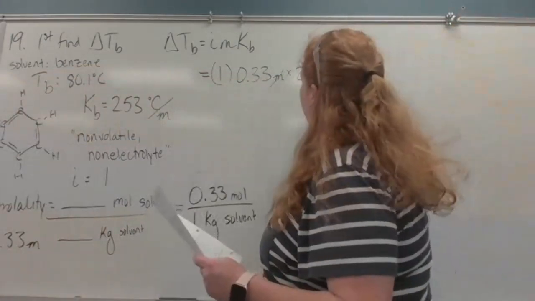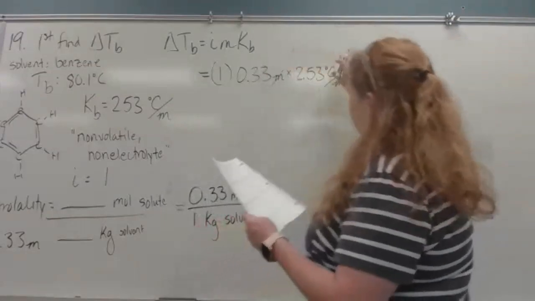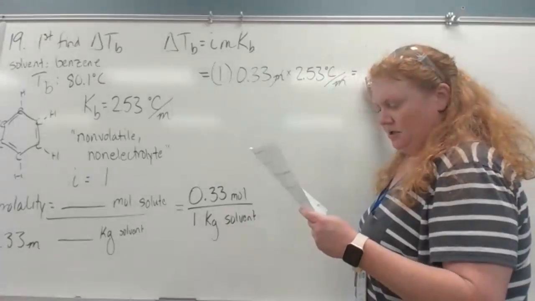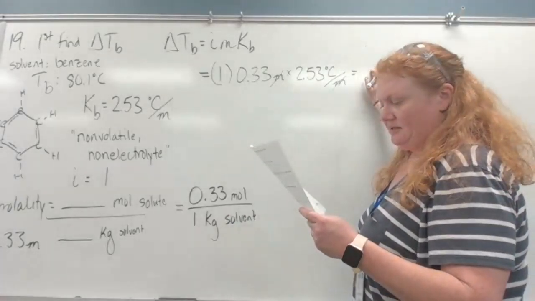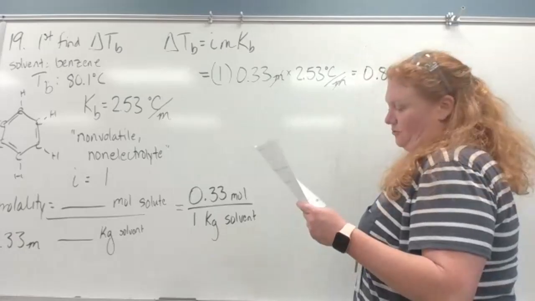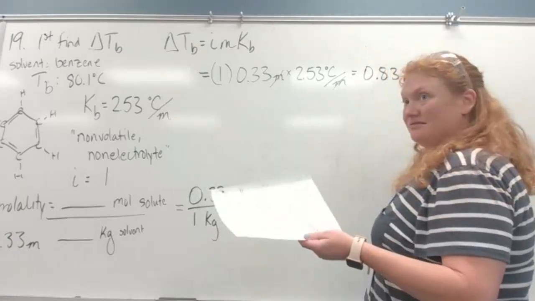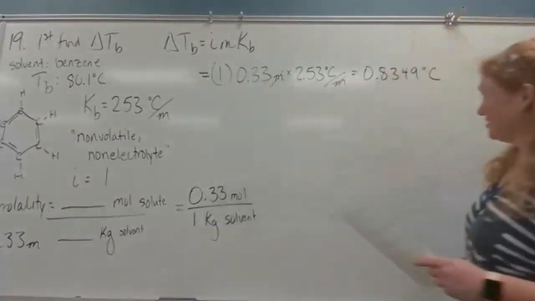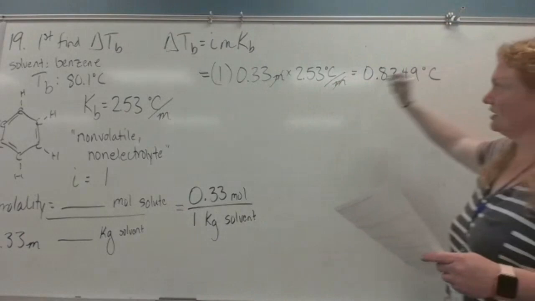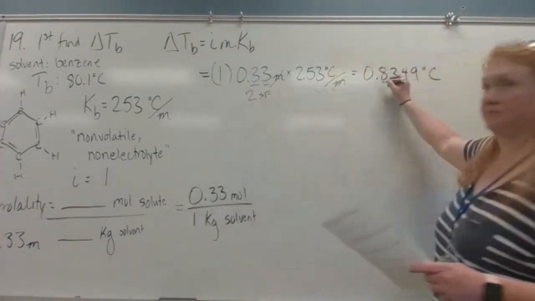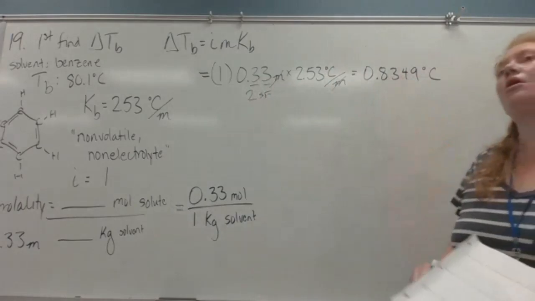So the molal units cancel. Okay, so my answer is a temperature change in degrees C, 0.8349, right? Degrees C. How many sig figs should this number have? 2 sig figs.